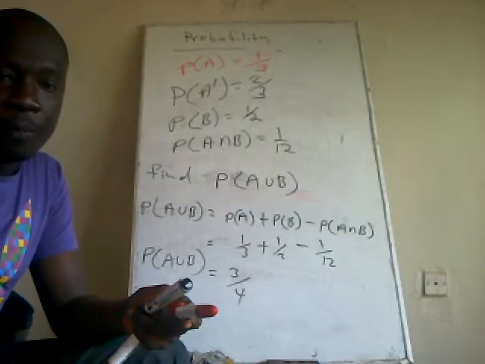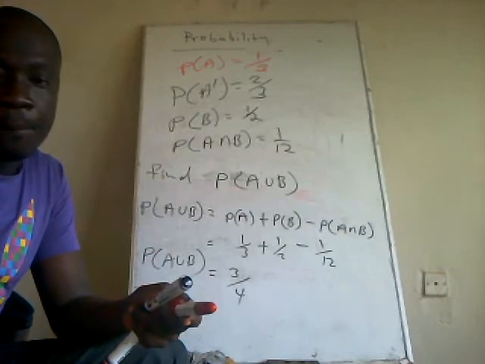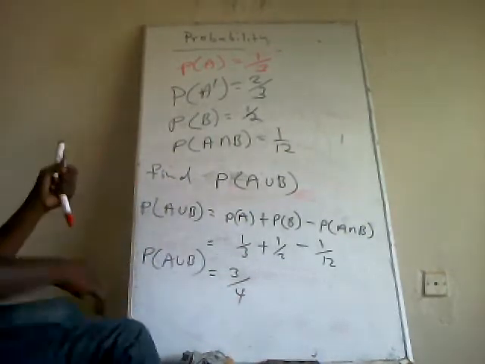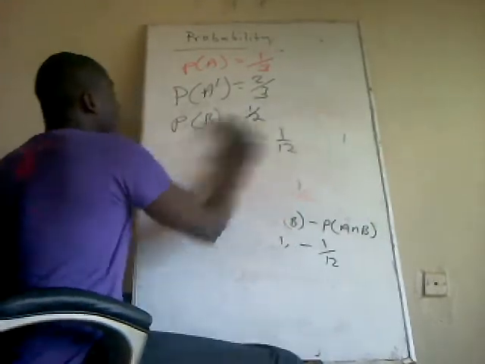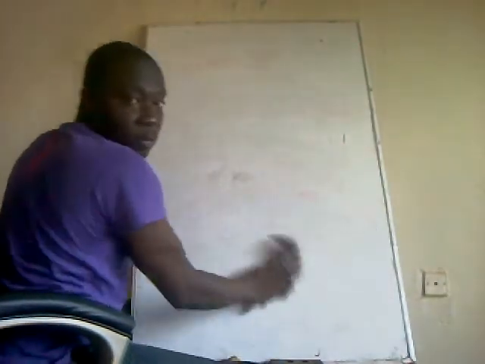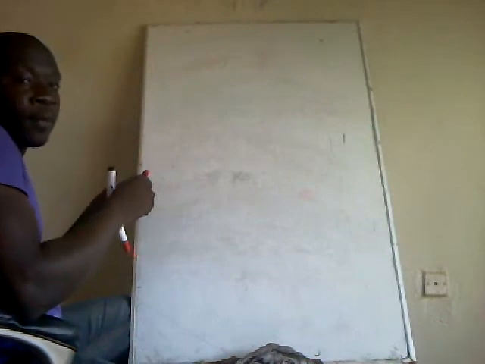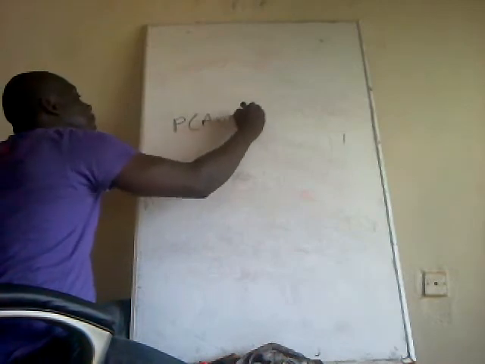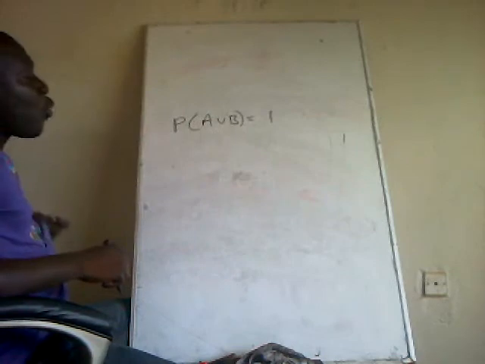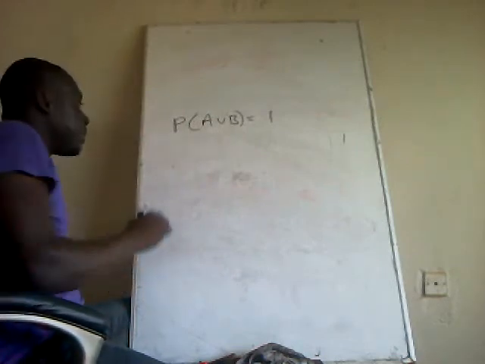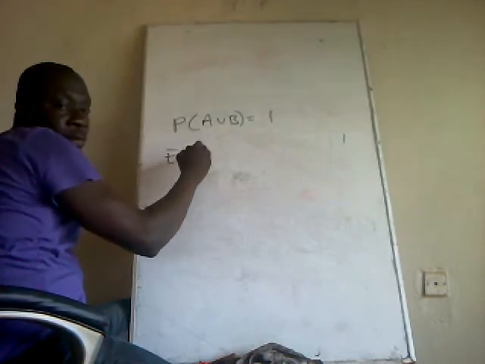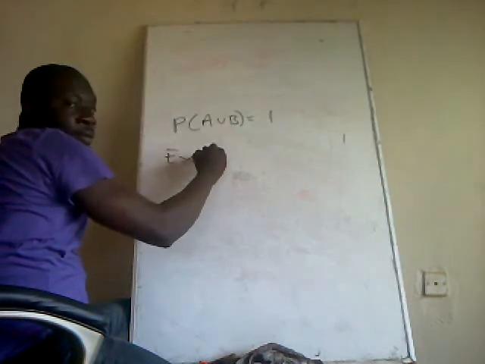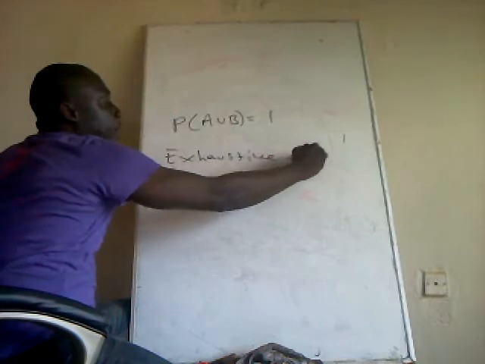Okay. Now, if two events are such that the probability of A union B is equal to 1, then we are going to call that kind of situation or that kind of event exhaustive event.